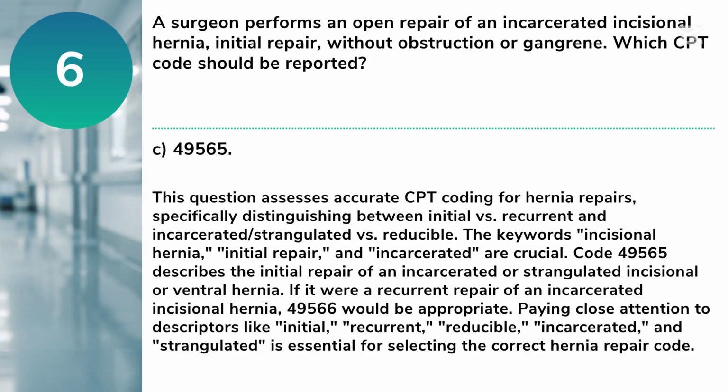Code 49565 describes the initial repair of an incarcerated or strangulated incisional or ventral hernia. If it were a recurrent repair of an incarcerated incisional hernia, 49566 would be appropriate. Paying close attention to descriptors like initial, recurrent, reducible, incarcerated, and strangulated is essential for selecting the correct hernia repair code.